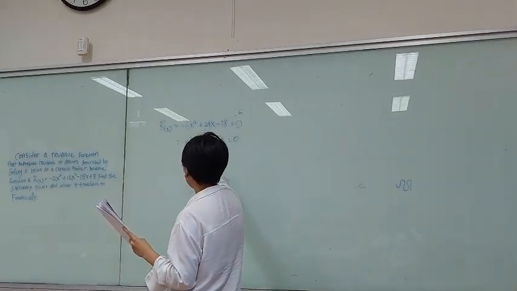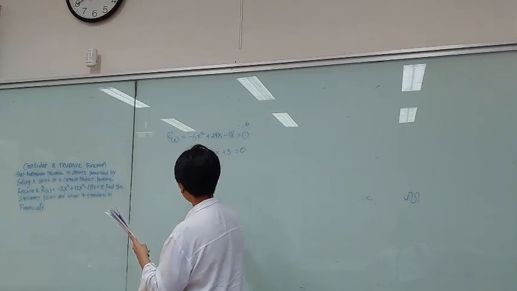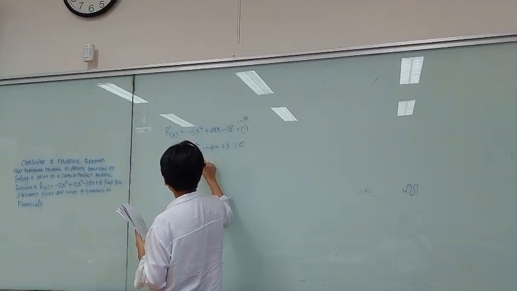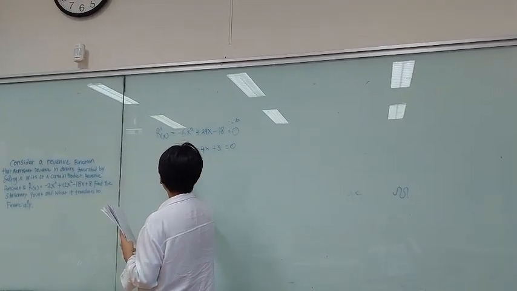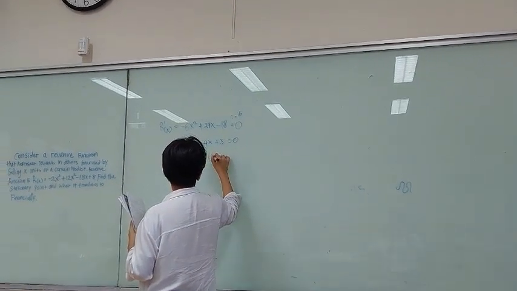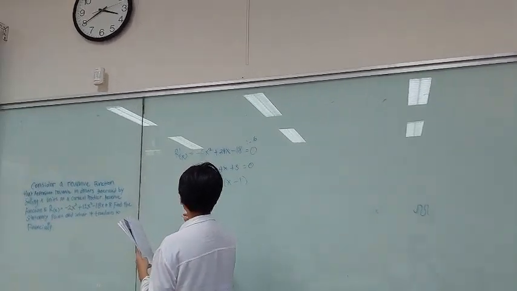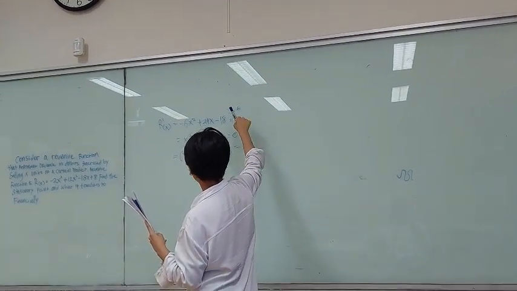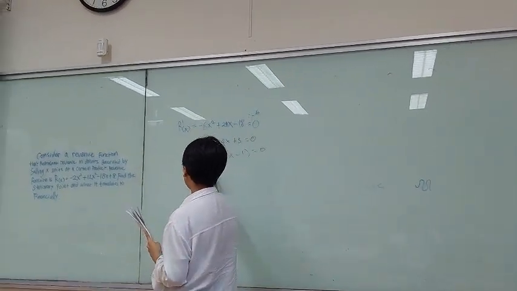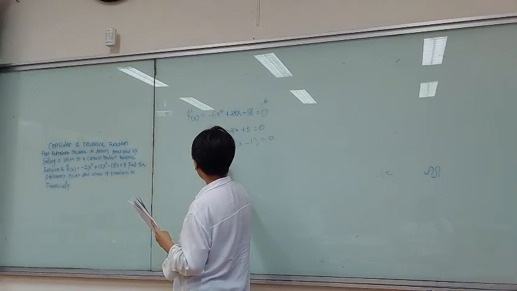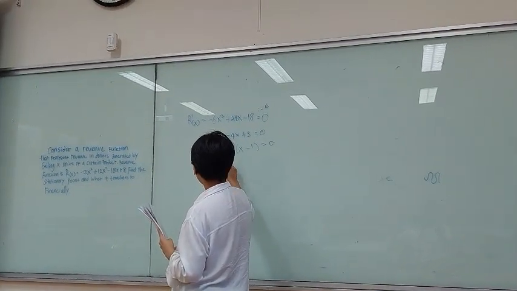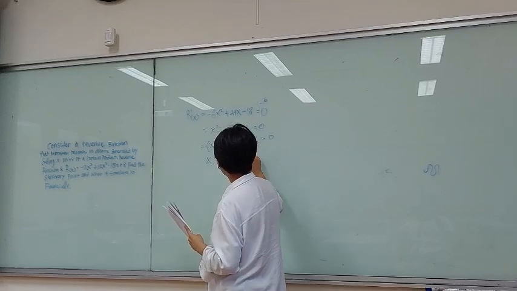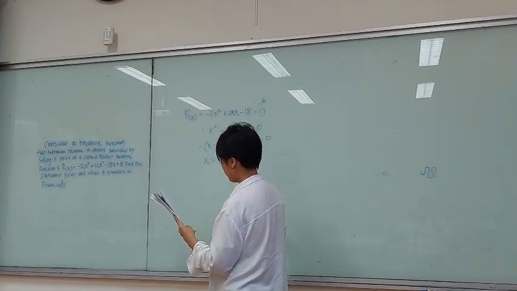From this we factorize it, which equals (x - 3)(x - 1). Both factors have to equal 0, following the zero product rule. Getting the factorization, x in this one equals 3, and x in this one equals 1.